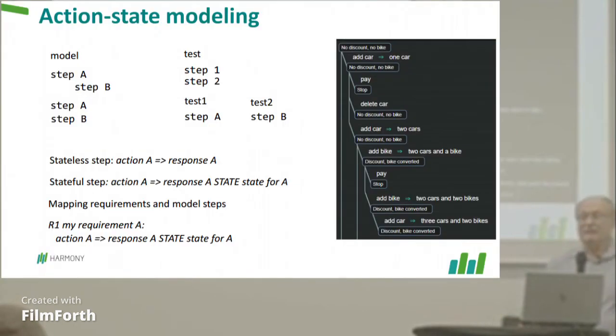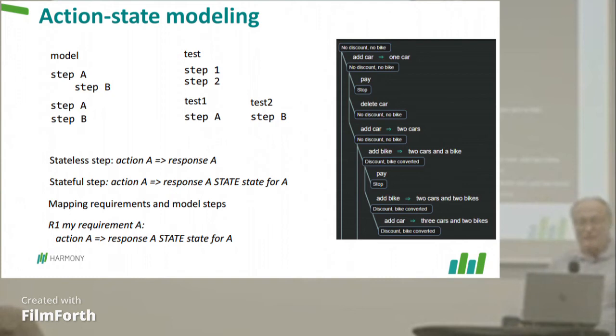Action state modeling is very simple. On the left-hand side, there are 2 steps, and because step B is shifted right, this will be translated to one single test case with 2 steps. On the right-hand side, both steps are at the same indentation, and here we have 2 test cases with one step each.